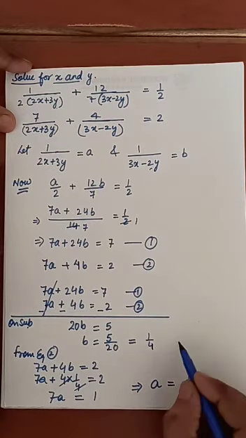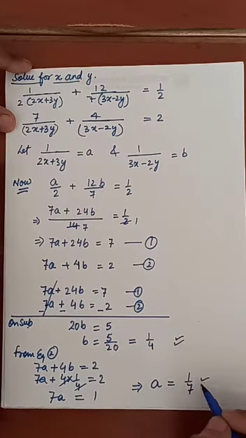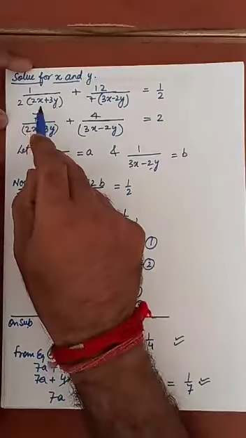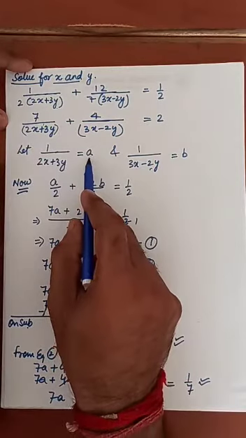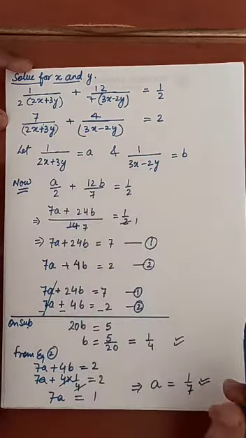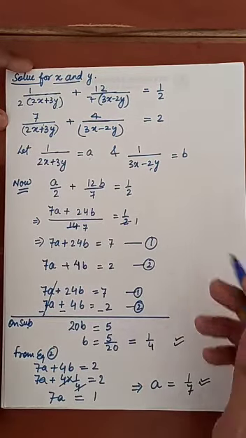So you have the values of b and a, but it is not your answer, because the question is given for the variables x and y, and you have considered the variables a and b over here. So still you will solve more.